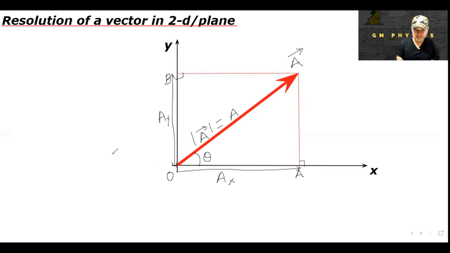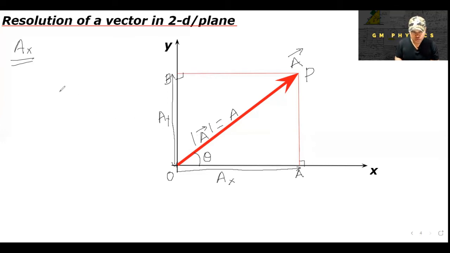So let's find out. First of all, I am going to find the value of AX. So see, AX is in fact the base of this right angle triangle. Which right angle triangle? OA, and let's call this P. OAP. In the right angle triangle OAP, OA is the base and OA is AX, right?